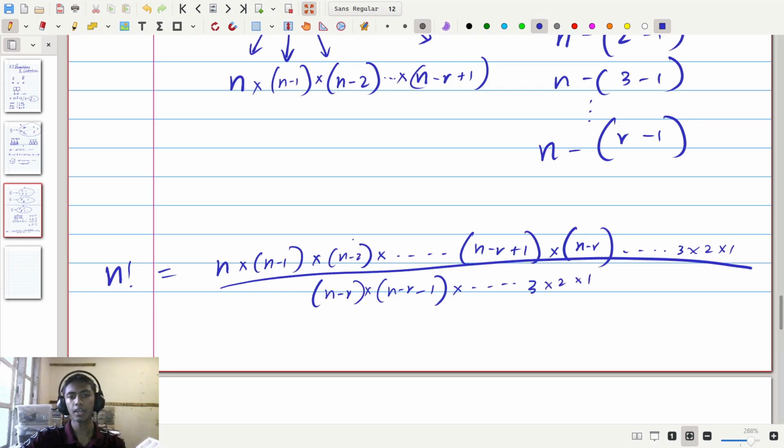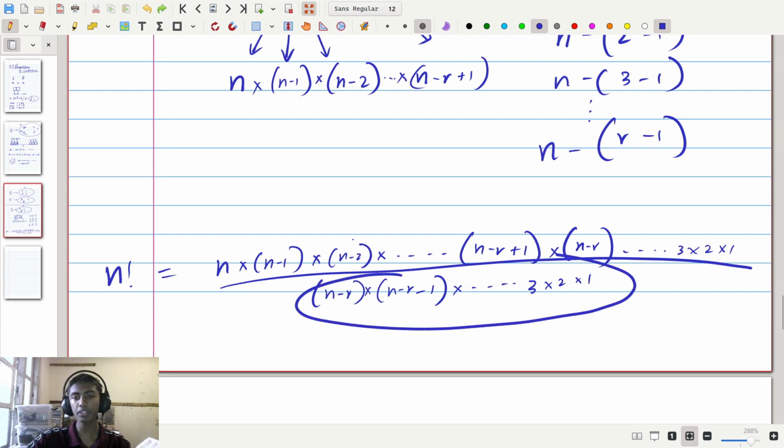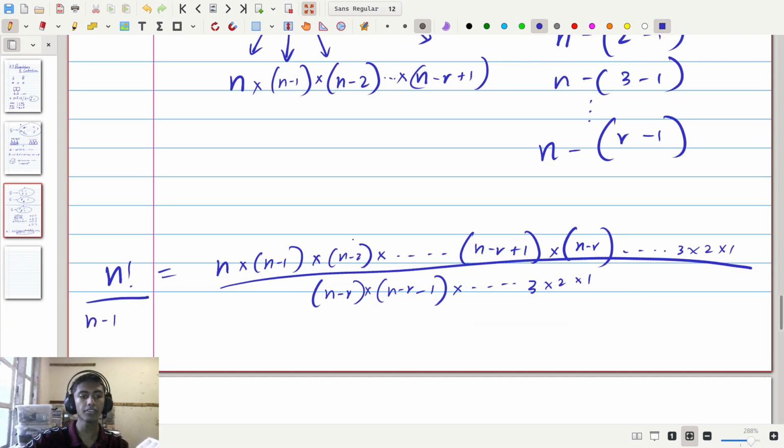Now notice, n minus r times n minus r minus 1 times n minus r minus 2 times all the way down to 3 times 2 times 1 is exactly the definition of n minus r factorial. It's the product of all the positive integers starting from n minus r all the way down to 3 times 2 times 1. Therefore, the expression that we're dividing by is n minus r factorial.